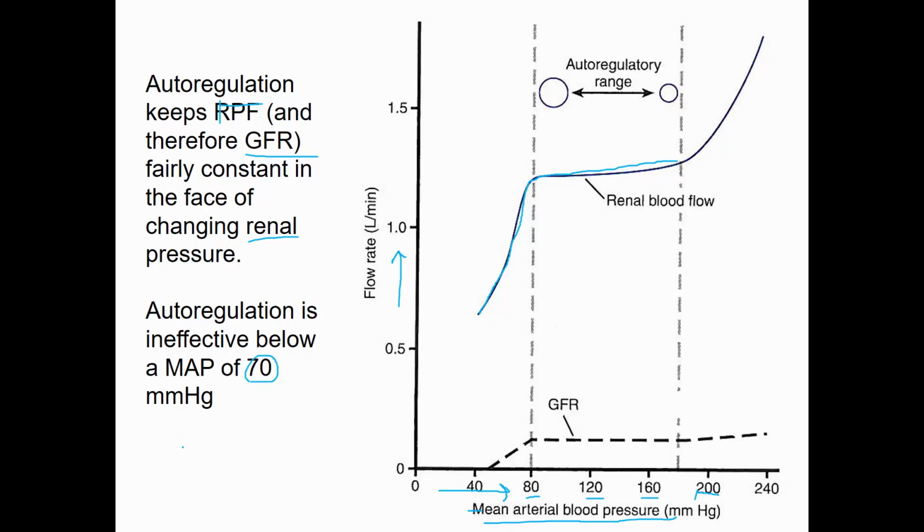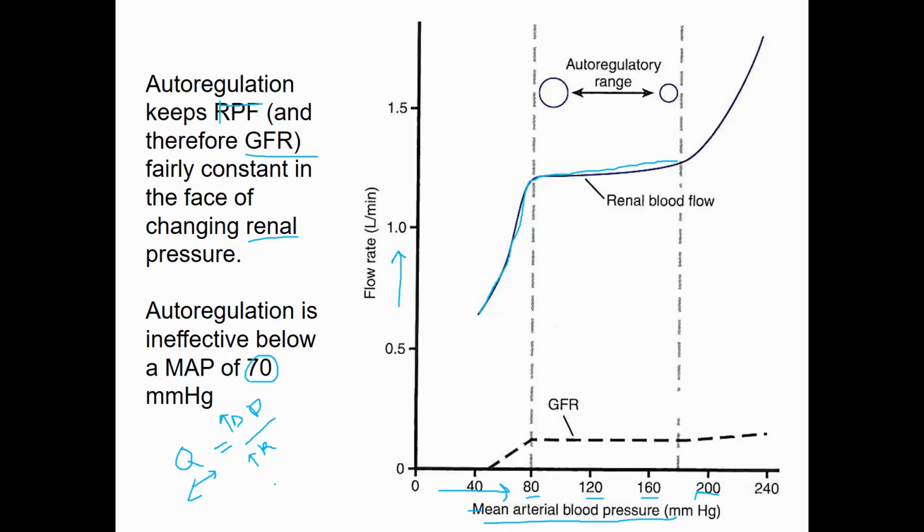So if you think of Ohm's law, flow is equal to delta P over R. If we increase the pressure, but flow stays the same, the only way to explain that is resistance is going up as well. And that's exactly what happens. We find that the afferent arteriole constricts, preventing the blood flow from going up.